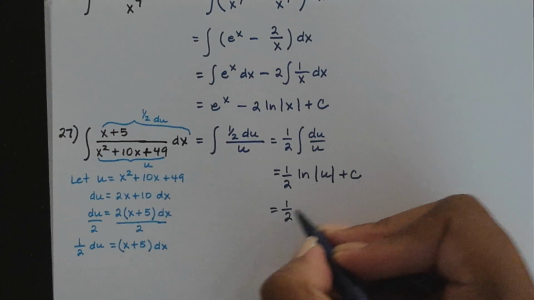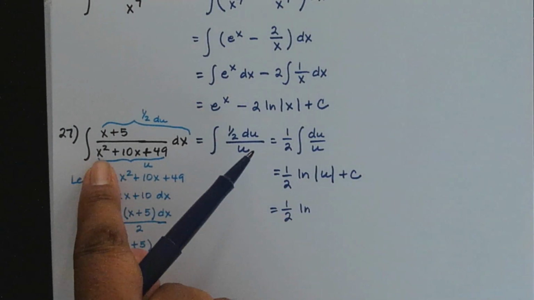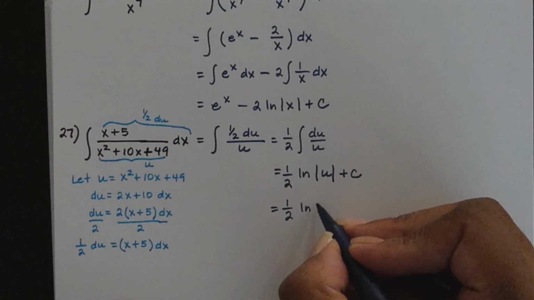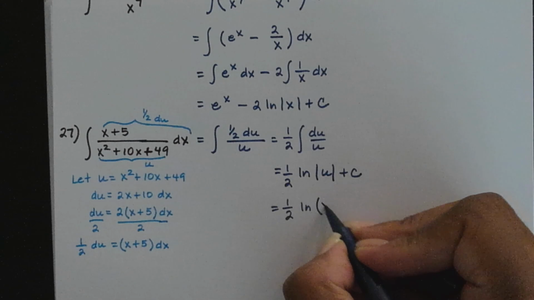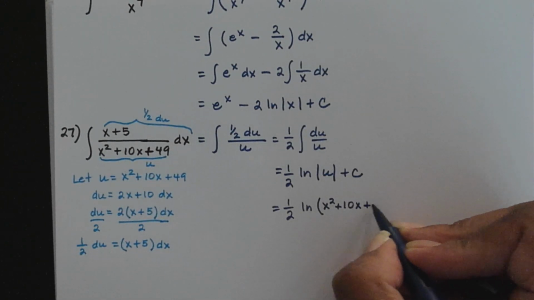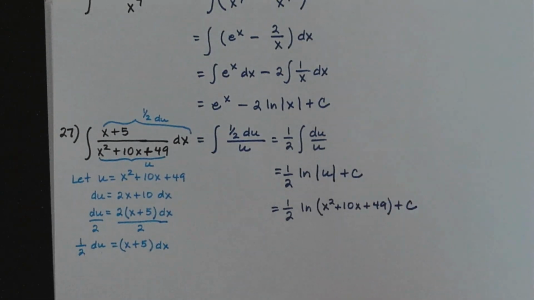And then we do the back substitution. That u was x squared plus 10x plus 49. But I'm going to do this without the absolute value symbol, because by looking at this problem, this will never be negative.